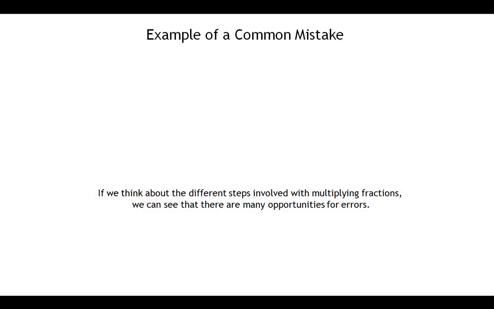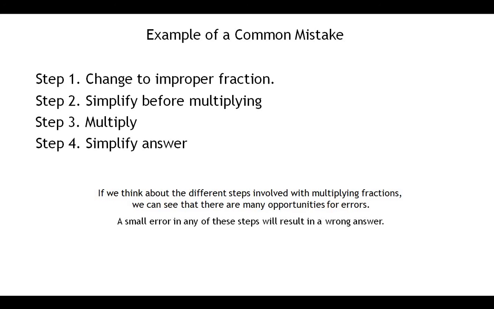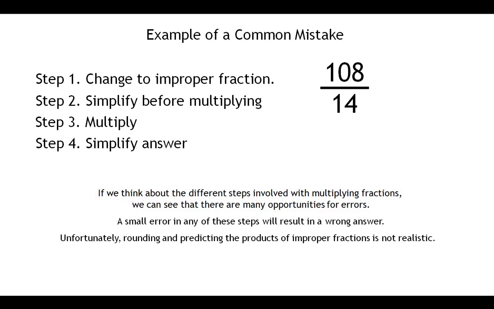If we think about the different steps involved with multiplying fractions, we can see that there are many opportunities for errors. A small error in any of these steps will result in a wrong answer. Unfortunately, rounding and predicting the products of improper fractions is not realistic.